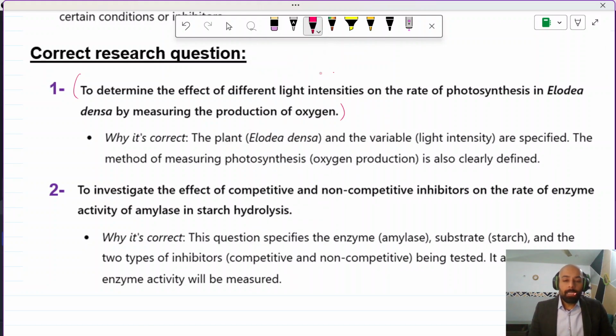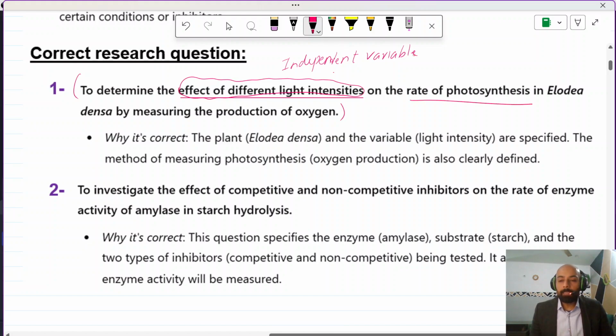As you can see, the student is measuring the effect of different light intensities. This is what he is changing, so this is the independent variable, on the rate of photosynthesis.